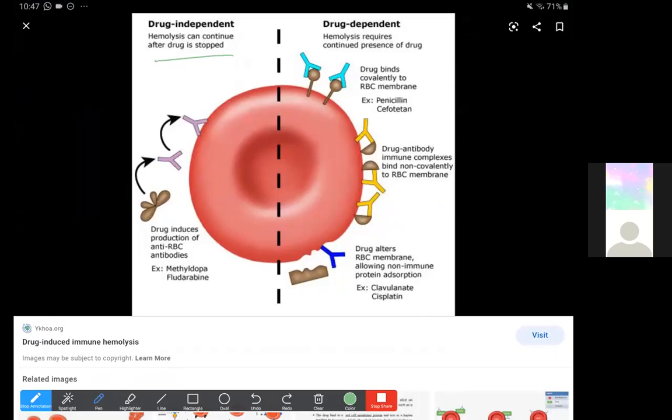Here the drug induces antibodies to be formed against antigens on the RBC surface. So the drug induces autoantibodies against RBC membranes.